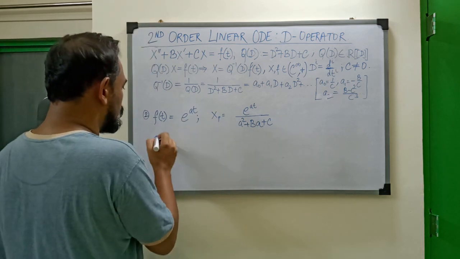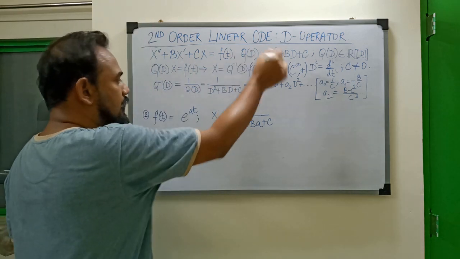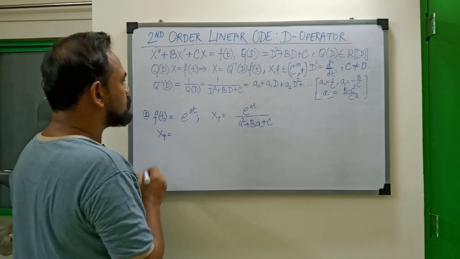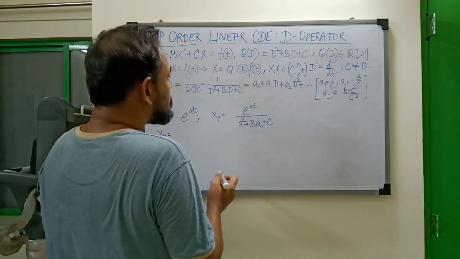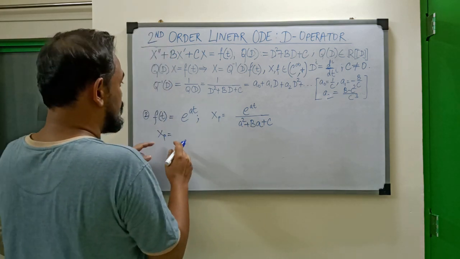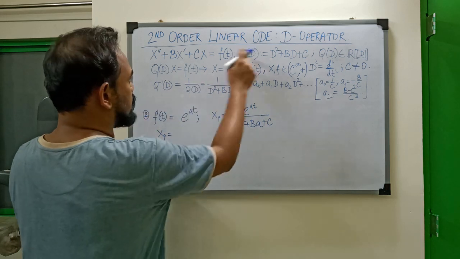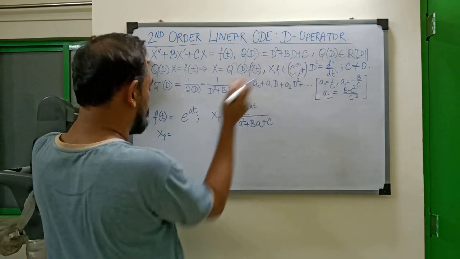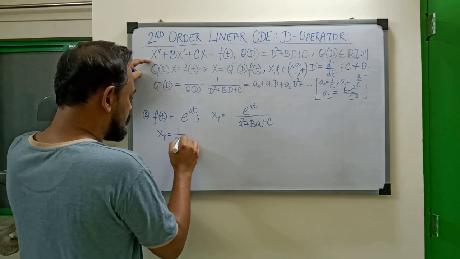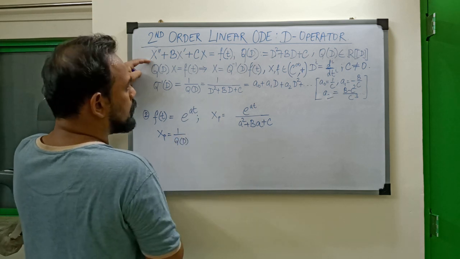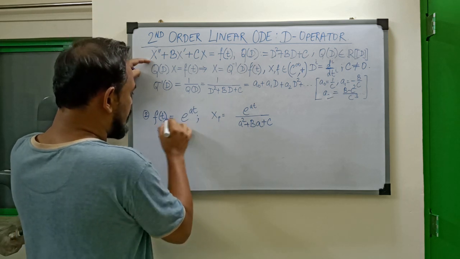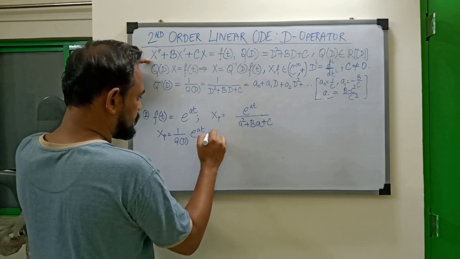Okay, so let's see how we can match this with the algebraic structures that we have given to it. With this development, xp would be given by 1 over qd of this ft, which is e to the power at.